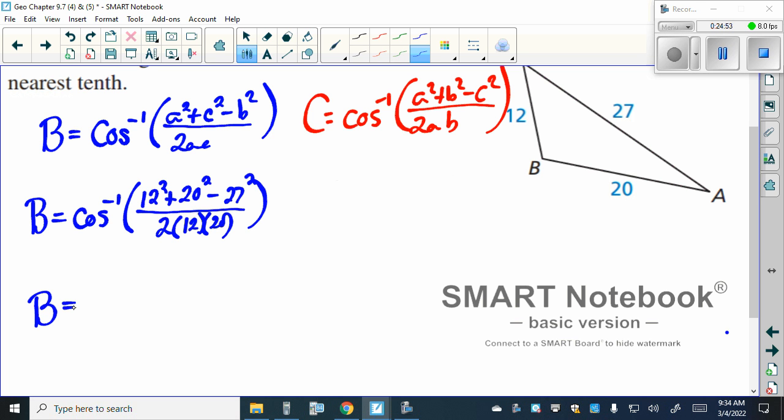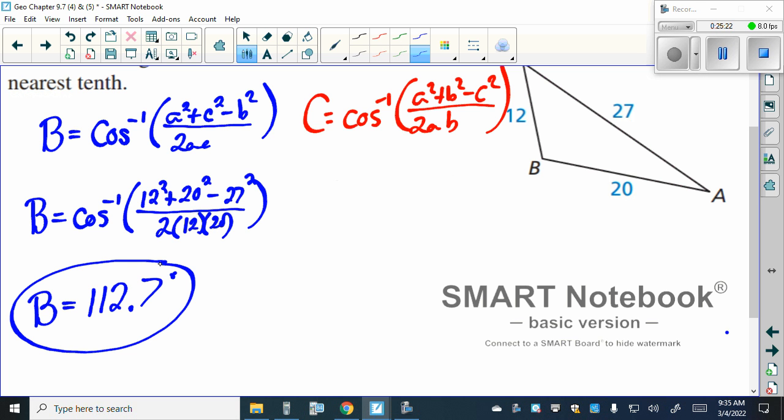Yes. 12 squared plus 20 squared minus 27 squared over 2 times 12 times 20. So 112.6 what? So if we're going to the nearest tenth, it would be 7.